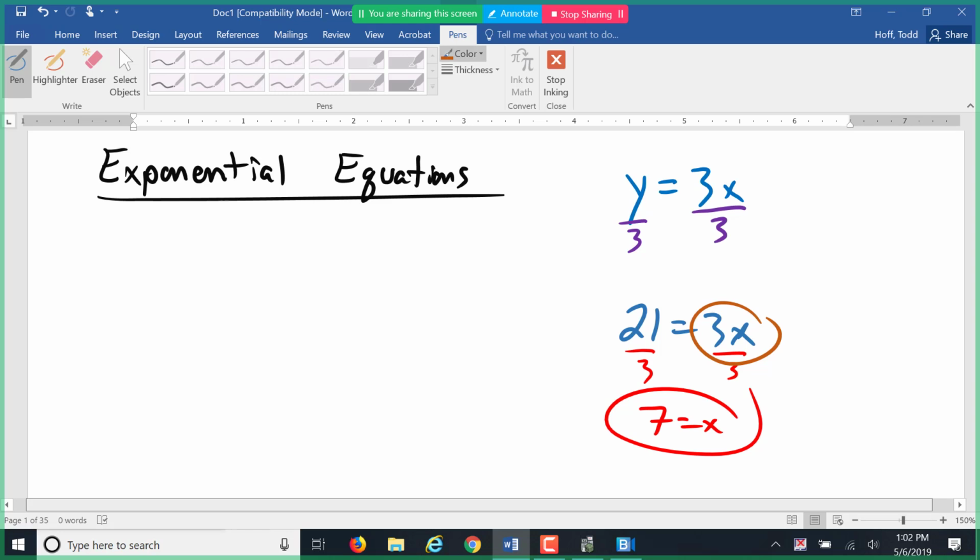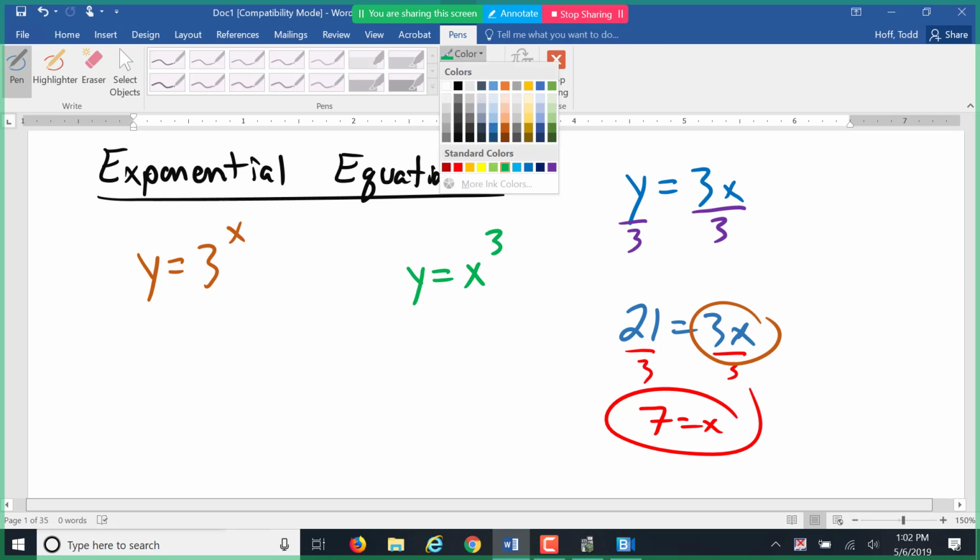Well, in an exponential equation, y equals 3 to the power of x, we don't have that inverse defined yet. If it were y equals x to the power of 3, what would its inverse be? How would we solve that equation?